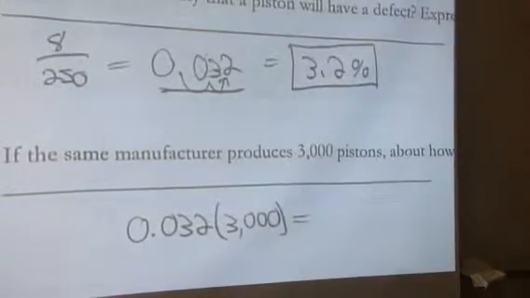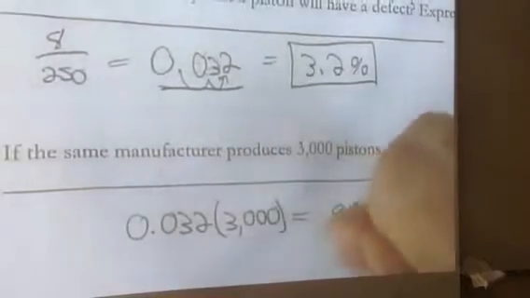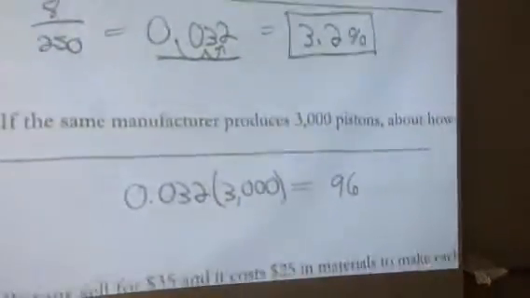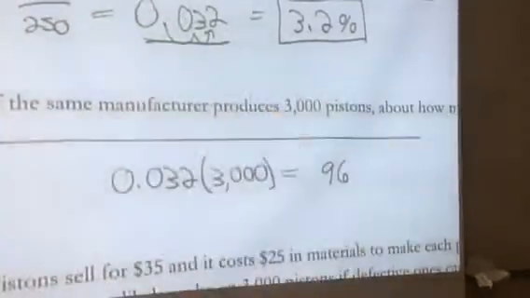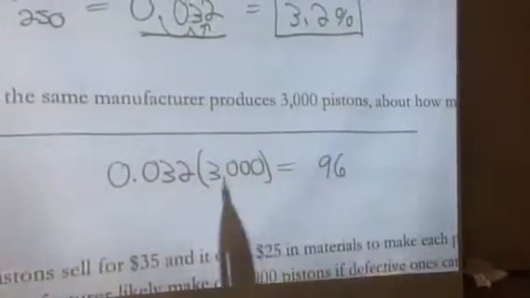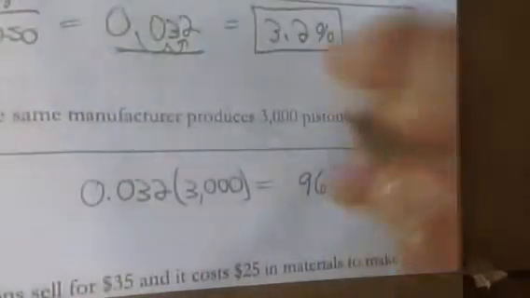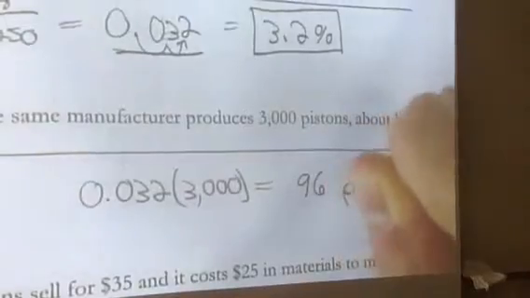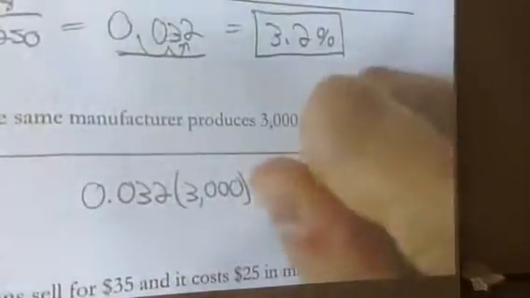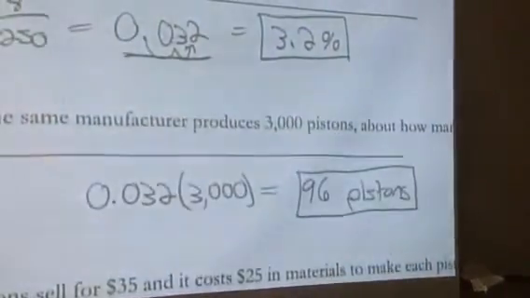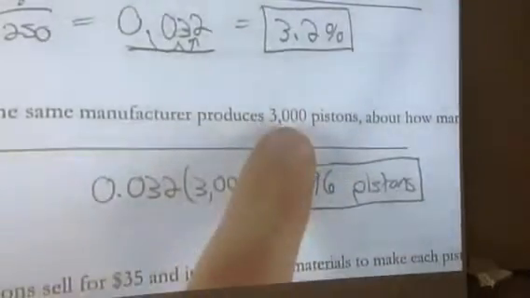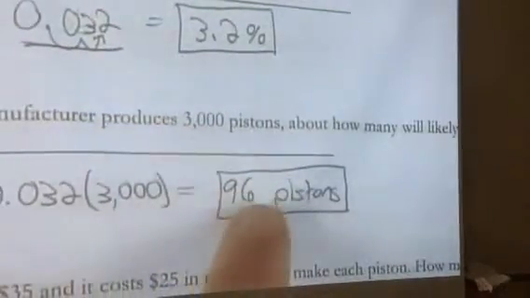If you multiply this out, we should get 96. So all we did is take the experimental probability and multiply it by the number of pistons being inspected. So 96 pistons. If the same manufacturer produced 3,000 pistons, we could expect that 96 of them will likely have defects.